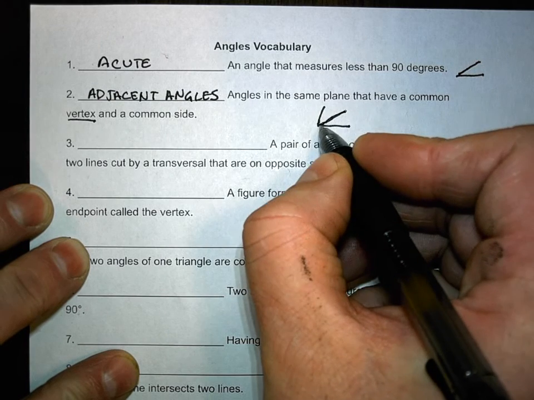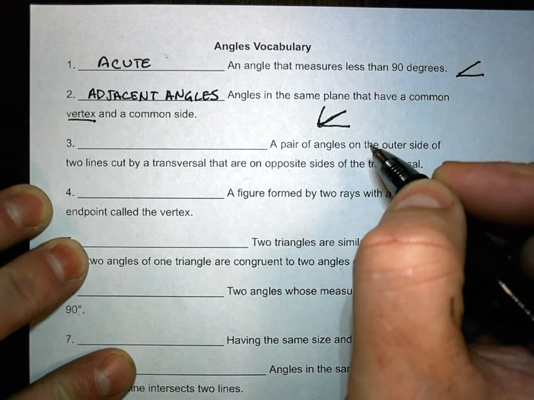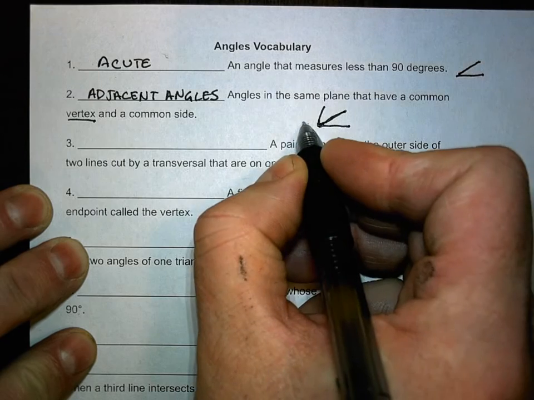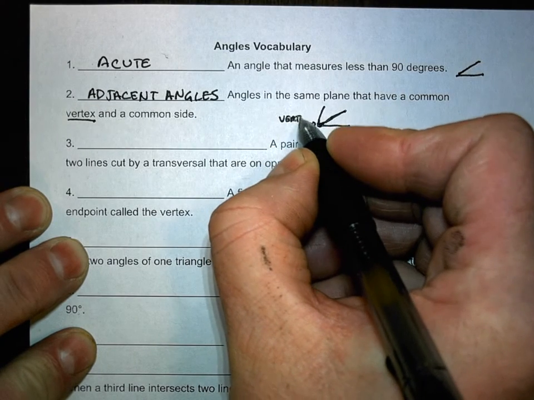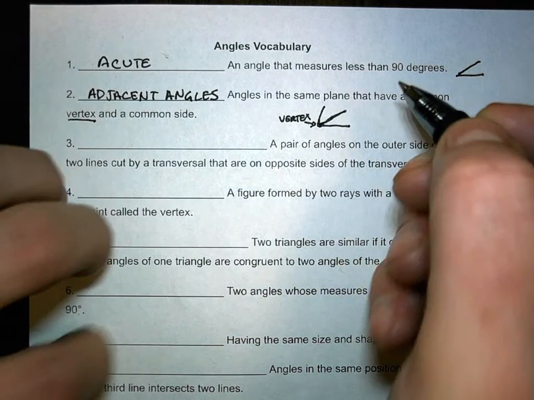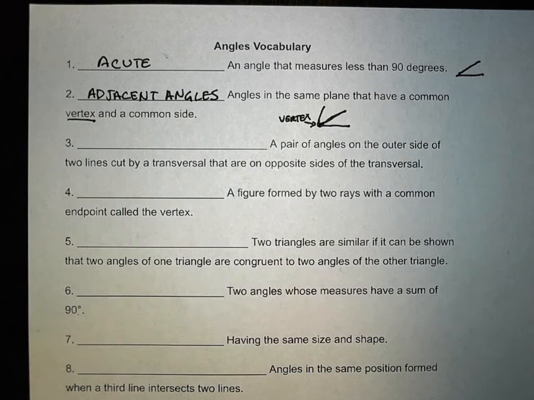They share a common side and a common vertex. The vertex is that point where they come together. And they're adjacent because they're literally side by side. Why do I need to know terms like adjacent angles? If I talk about one angle and I say the angle adjacent to it, you can refer to whatever's next to that first angle.